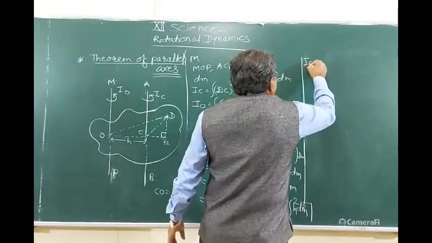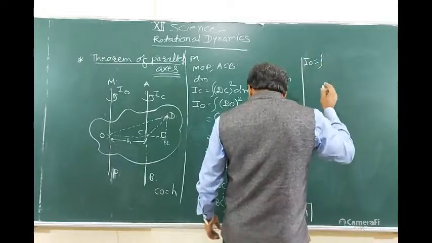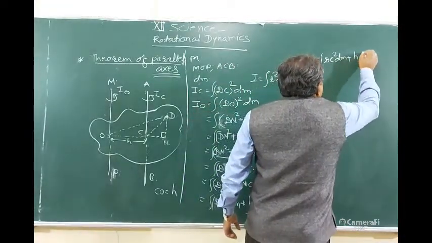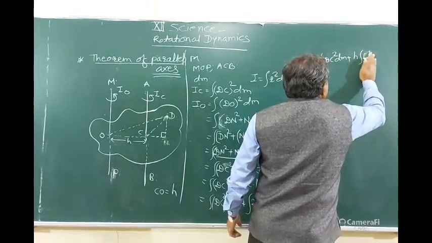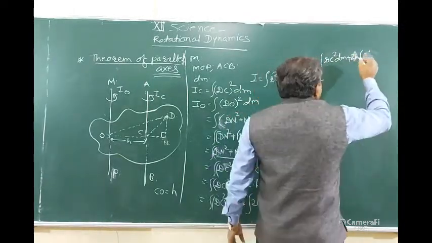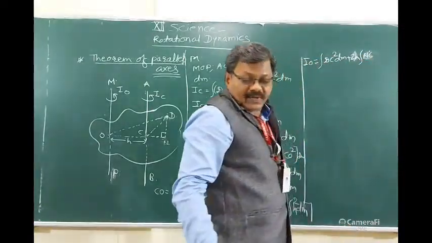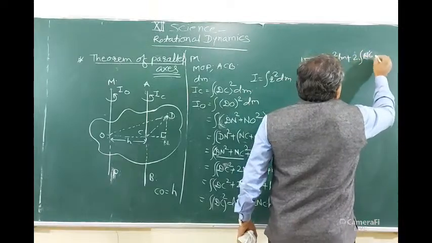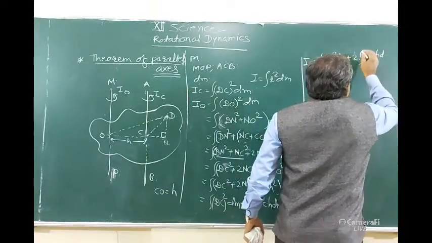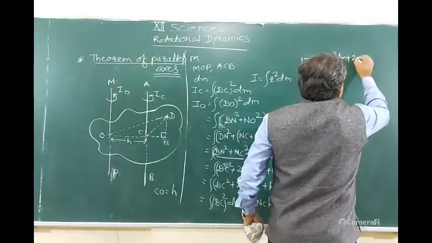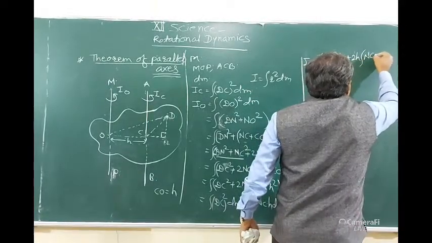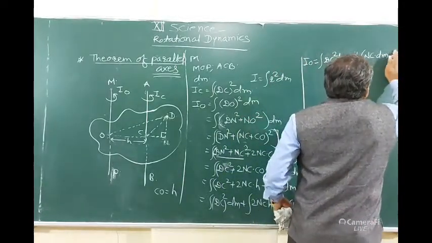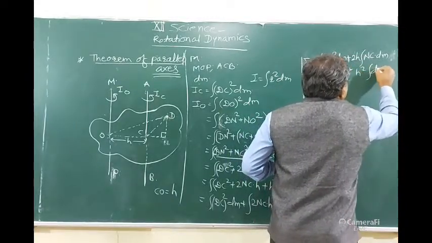We get IO is equal to integration of DC square dm plus twice h into integration of NC dot dm, plus h square into integration of dm.